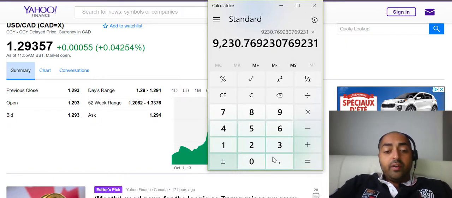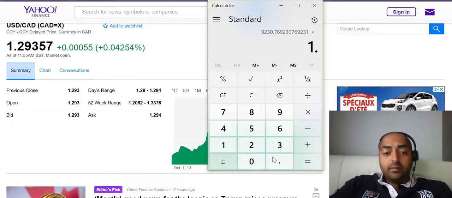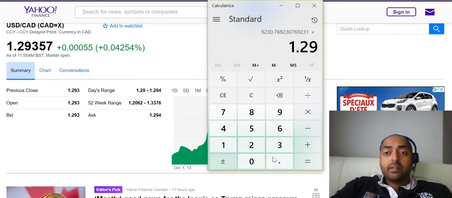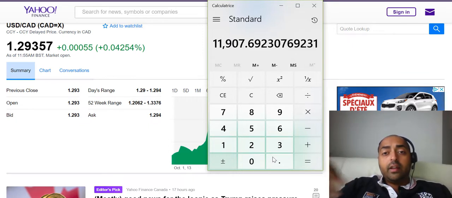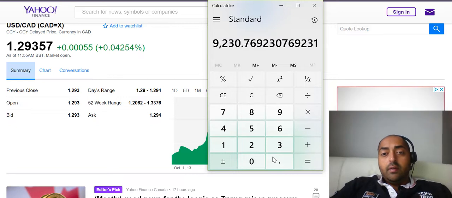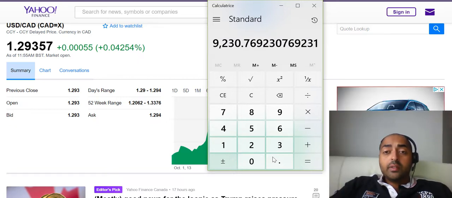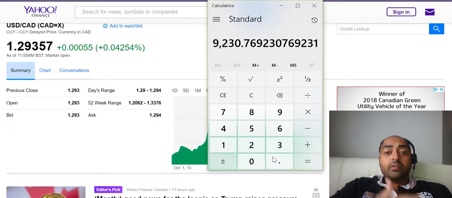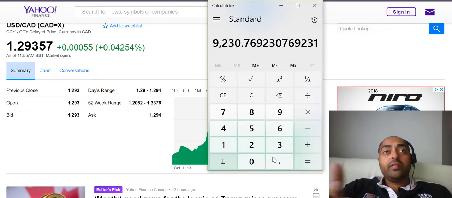So if you're able to convert back to Canadian, because obviously your money is in Canadian, you live in Canadian. At the end of the day, you want Canadian money. So if you convert back to Canadian, let's say you're lucky and it's still at the same price, you're going to end up with an extra 1,900. But let's say the US dollar drops after you've bought and sold your US stock, and it drops to, let's say, $1.15 or $1.20.